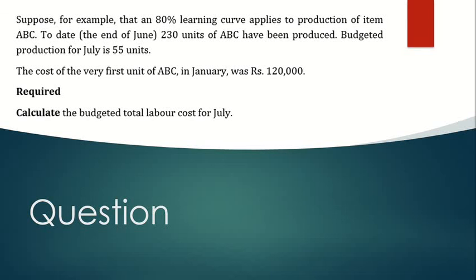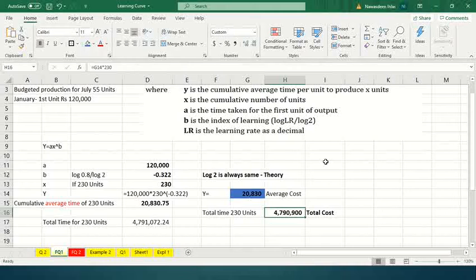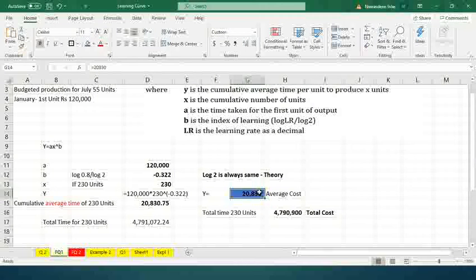So here you can see if we produced 230 units, our average cost per unit or cumulative average cost per unit will be 20,830, which I computed here.